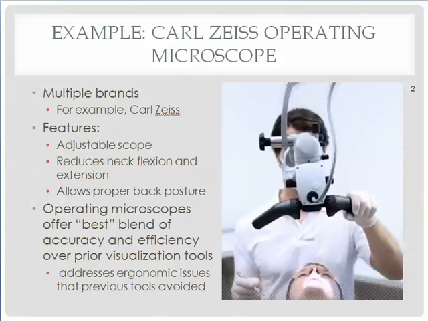By addressing the major MSD complaints as well as providing technical needs to appropriately visualize the surgical area, operating microscopes such as the Carl Zeiss brand appear to be better solutions over previous tools such as loupes.